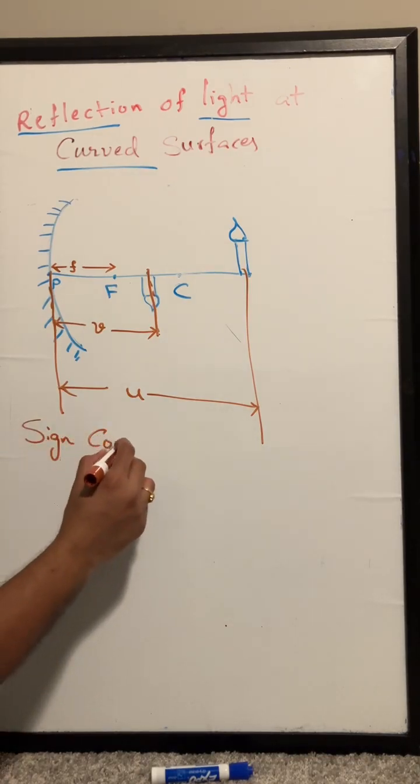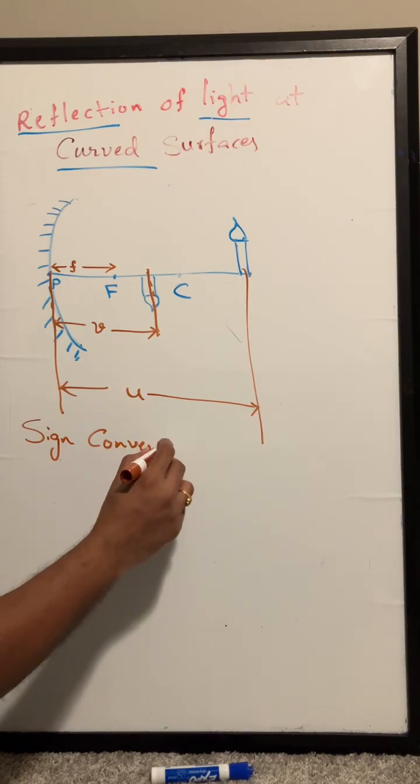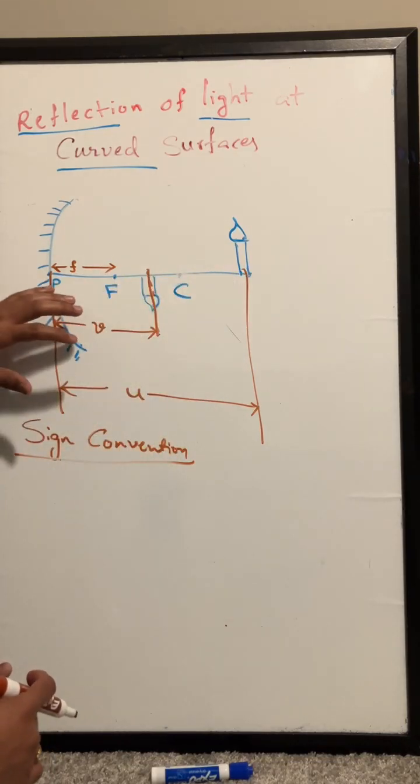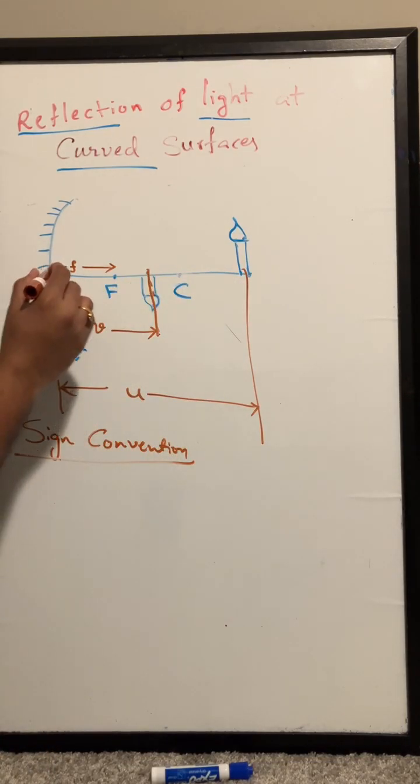So a few rules to remember. What are the rules? Always we have to measure distances from the pole. If they ask what is the distance of an object from the pole, everything we have to measure from this point only.